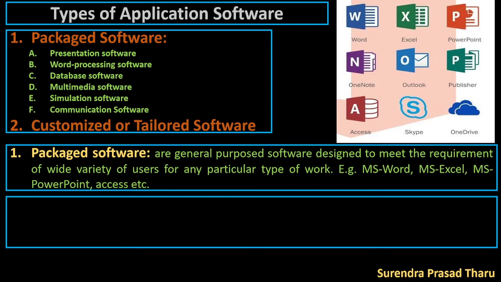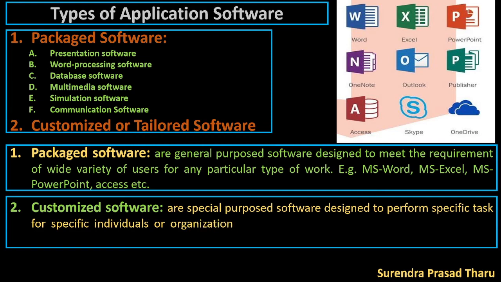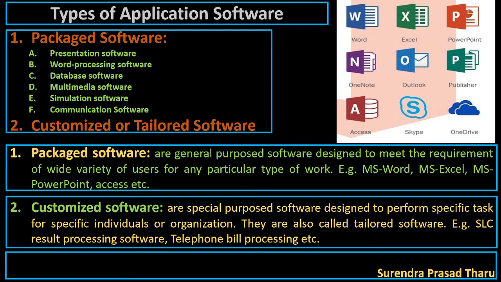Another is customized software. Customized or tailor-made software is designed to fit an individual or a particular organization only. Some examples are SEE result processing software and telephone bill software. So these are all different types of software.